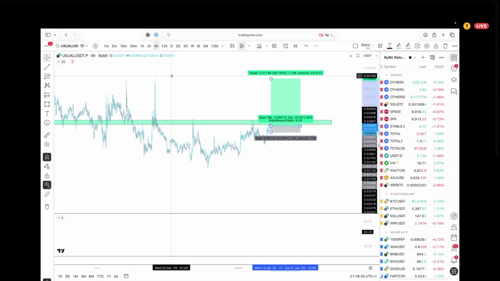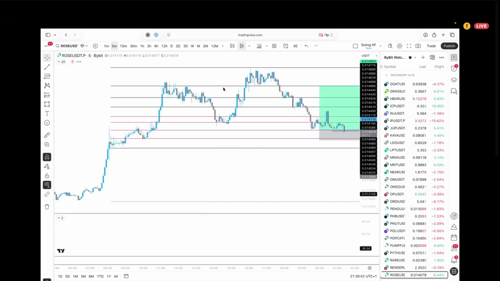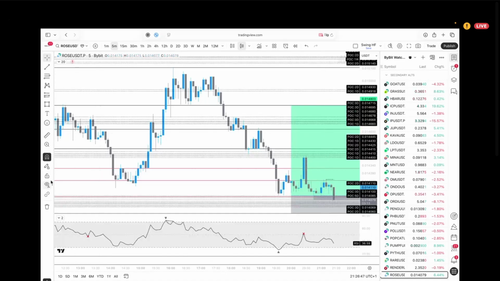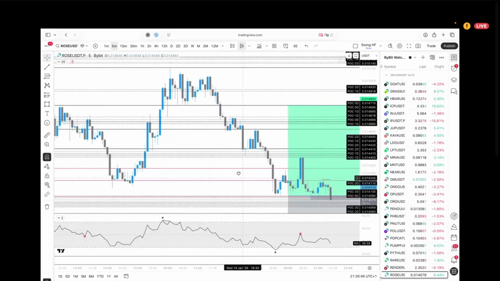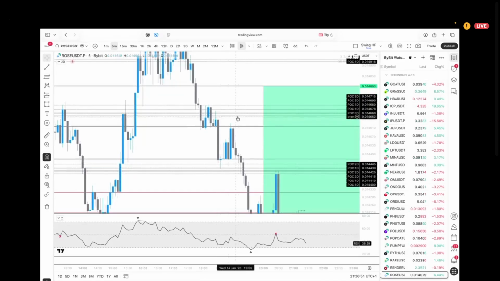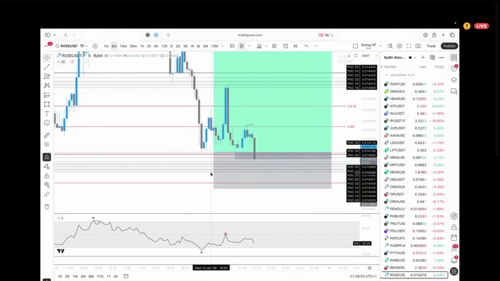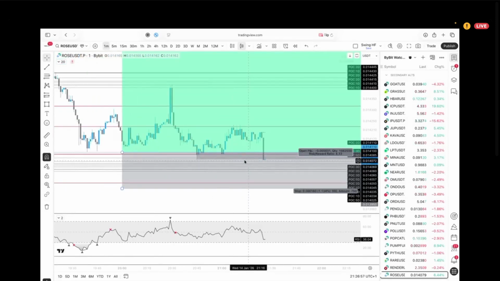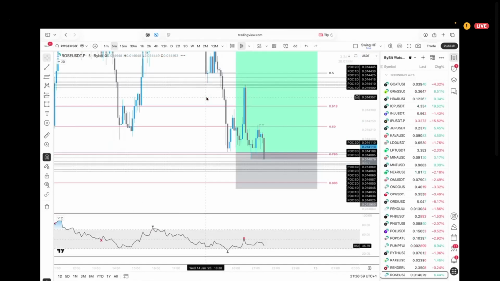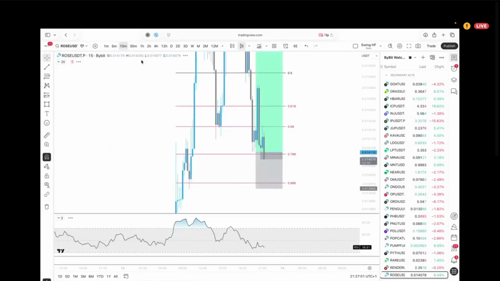Let me take a look at Rose. Maybe we can have a live scalp. Because I'm seeing here from the other monitor that it was making a lower low. So let me just take a look at the situation. Nope. Nope.